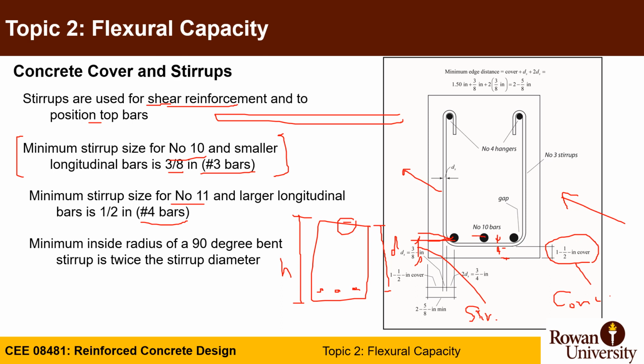So let's say in this case we have 1.5 concrete cover, and let's assume this is bar number 10. So bar number 10 uses 3/8 of an inch for the stirrup diameter, so you're going to use 3/8 plus 3/8.